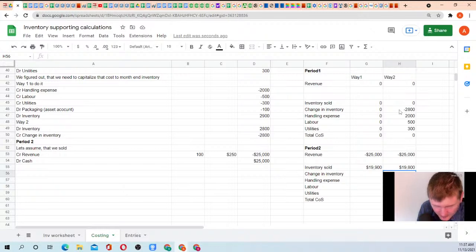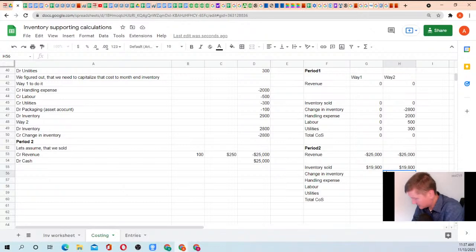Let me think for a moment. I'm trying to figure out. So we capitalize that to inventory. So we credit inventory for that total, and we debit cost of sales.